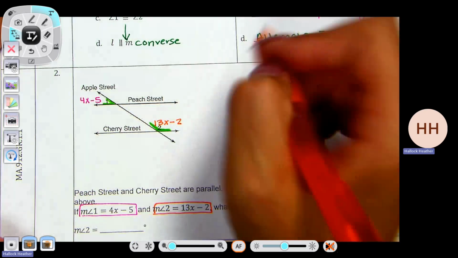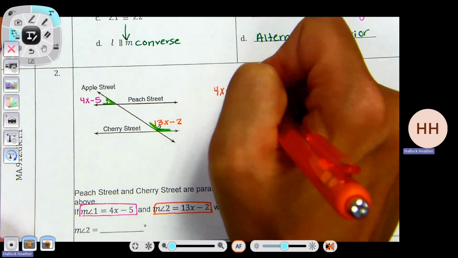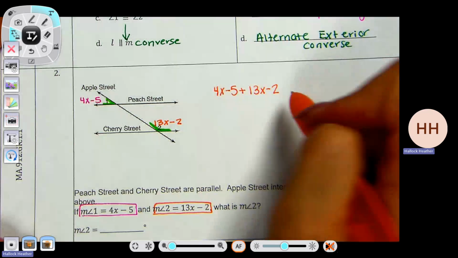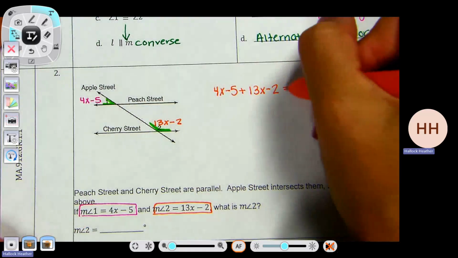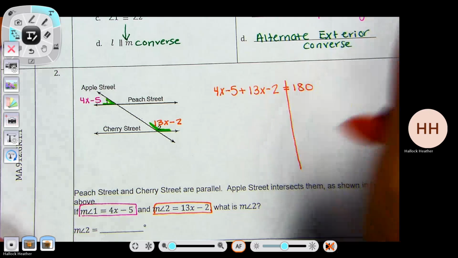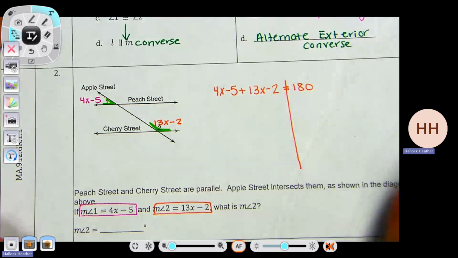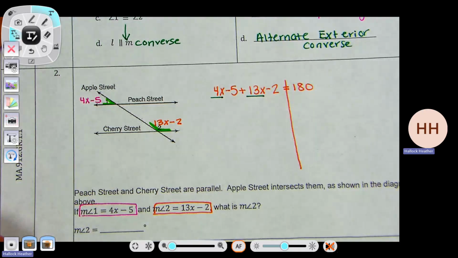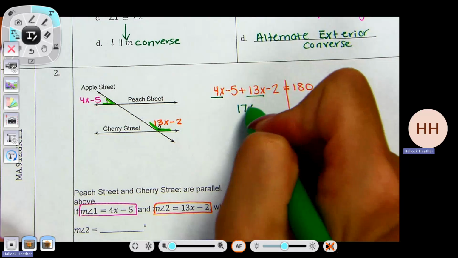So they are different. They're not the same. So we're going to add them together. And we're going to equal them to 180. So if I combine like terms, 4 and 13 add to make 17x.